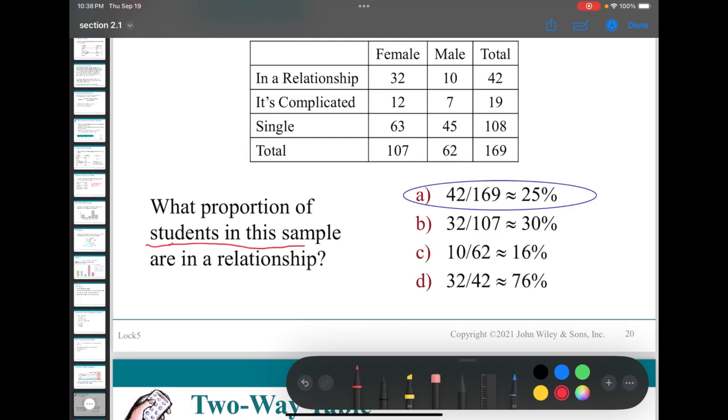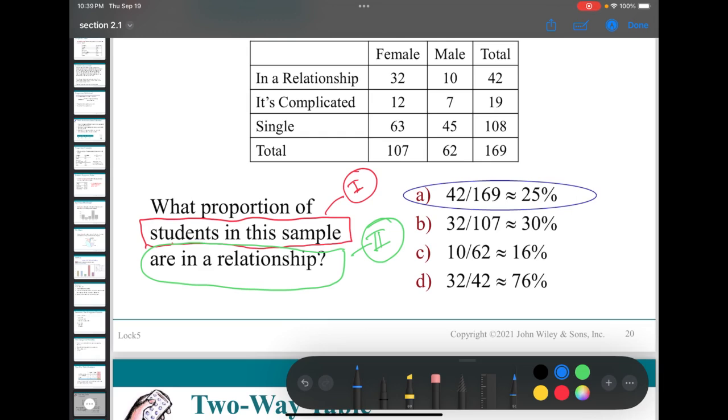You can forget about the "what proportion of" piece. This is the first part. And let me use another color. This part is the second part. So based on this kind of question, you have to identify the first piece of this question and the second piece, and then find the corresponding numbers.